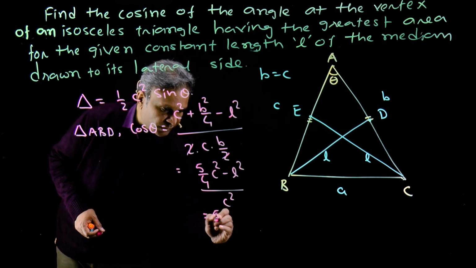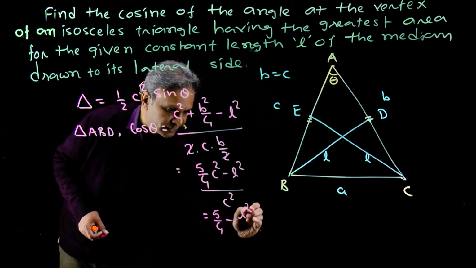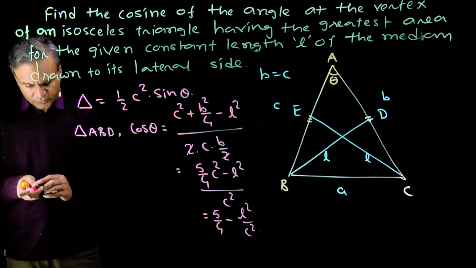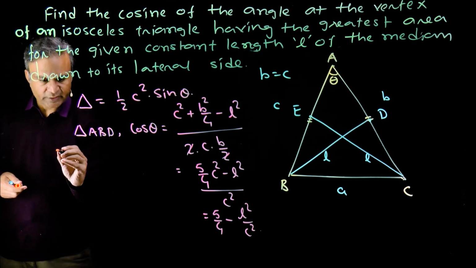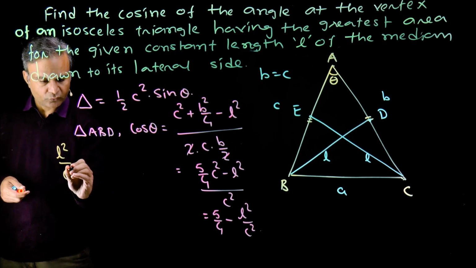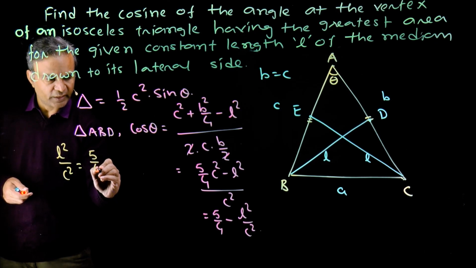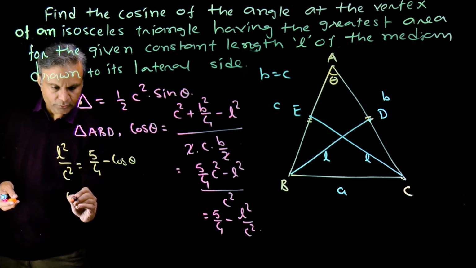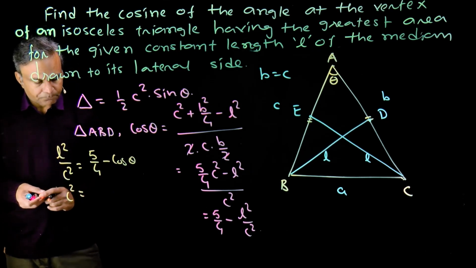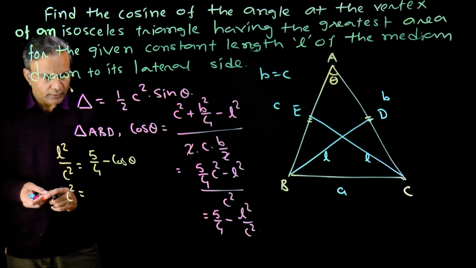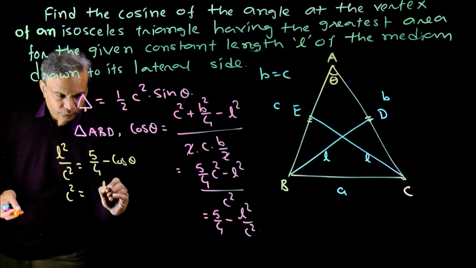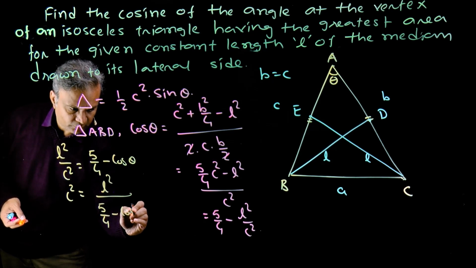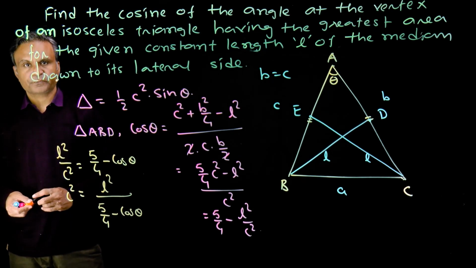So from this we can get c square. Further, this is 5 upon 4 minus L square over c square. So from this we get L square over c square is equal to 5 over 4 minus cos theta, or c square is equal to L square over 5 upon 4 minus cos theta.